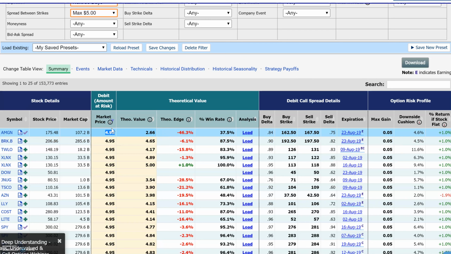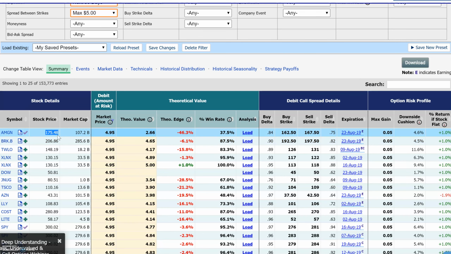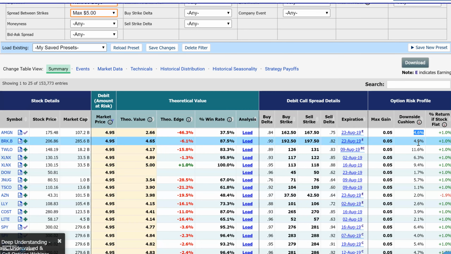So if you're paying $4.95 for a $5 call spread, the most you'll make is $5 on that. Here's your downside cushion, meaning the stock, which is currently above these strikes, has a 4.6% downside cushion, or it could fall 4.6% from here before you break even.